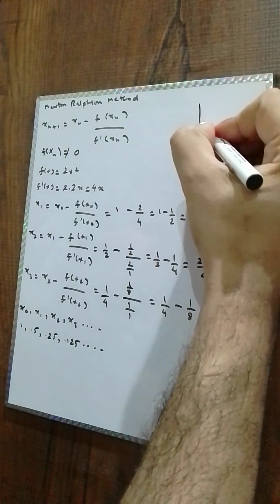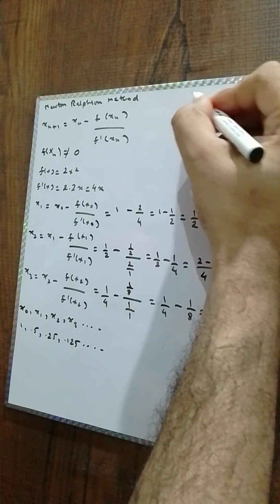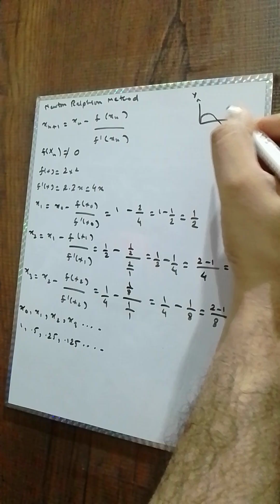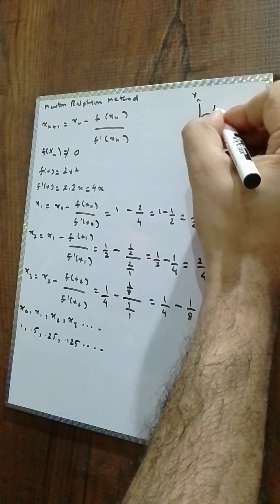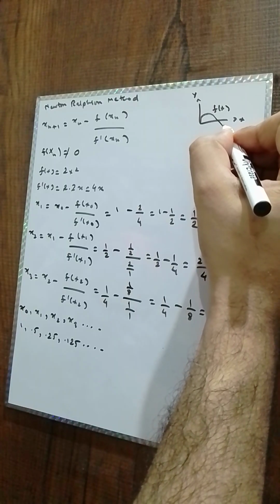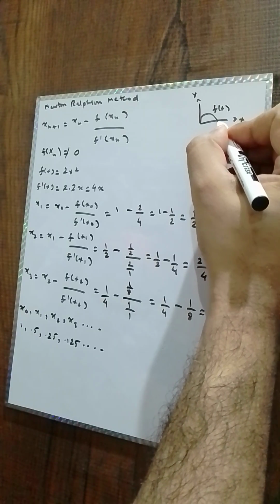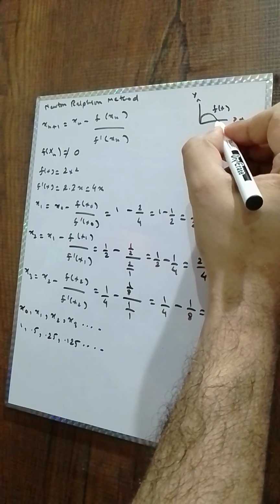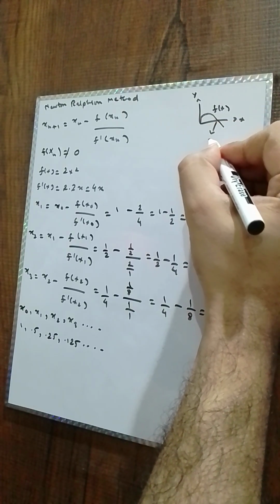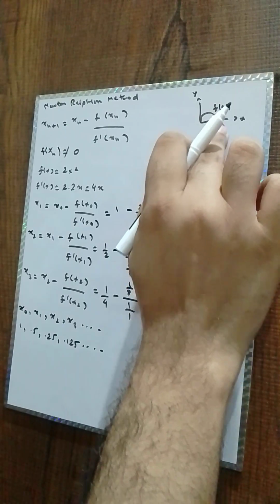So basically what we're doing is we have a function on the xy plane, and this function is behaving somewhat like this, and when it dips, you see this is the f of x, it dips here, and so this is the point of interest, and this intersection is our solution.